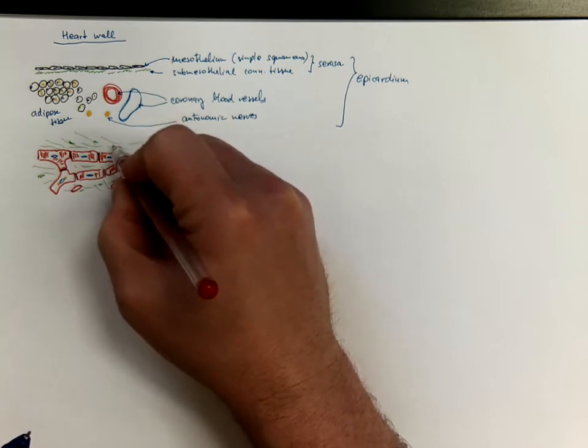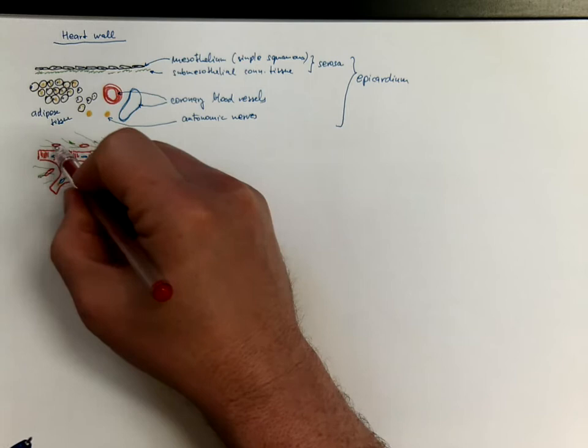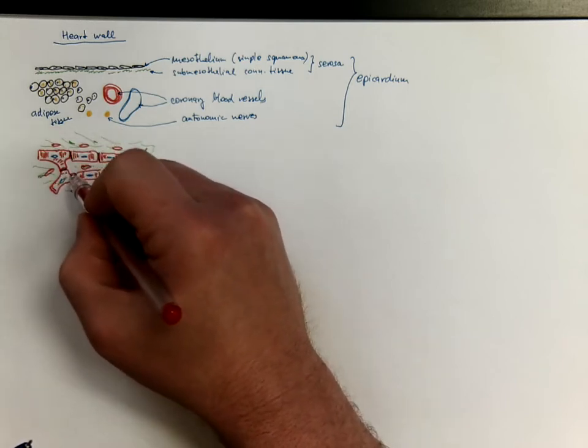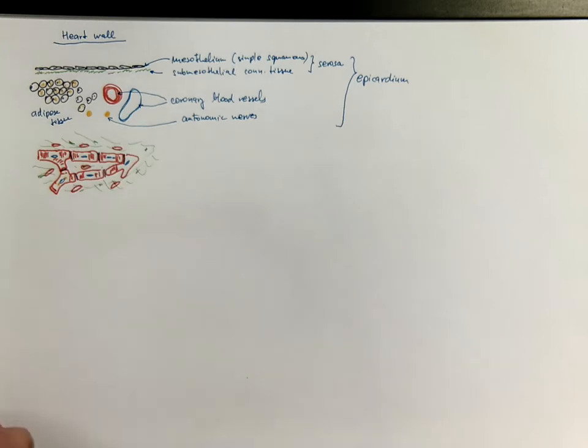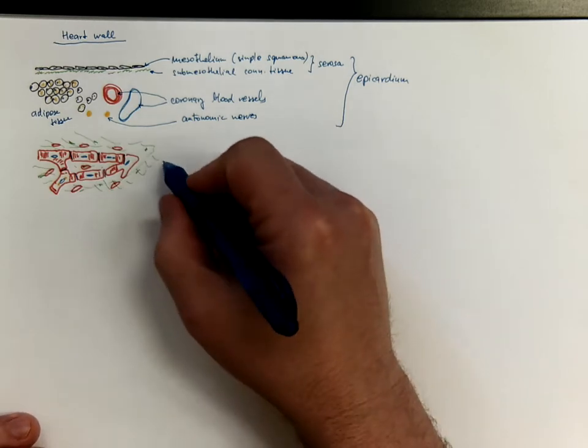It's known that every cardiac myocyte has in its vicinity a blood vessel, which is not more distant than like 10 micrometers.